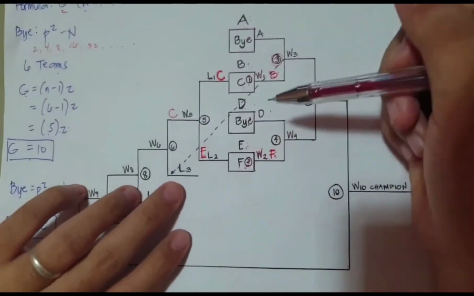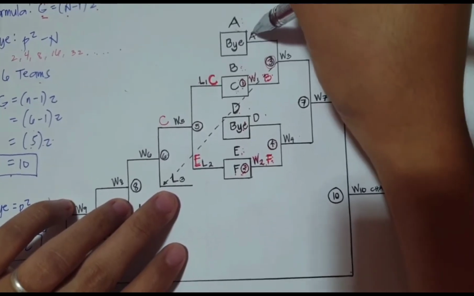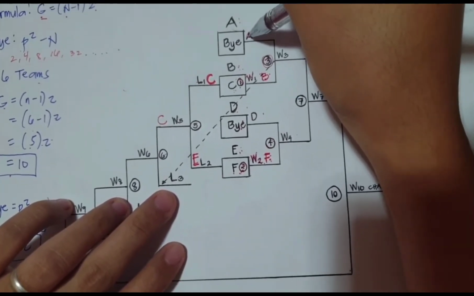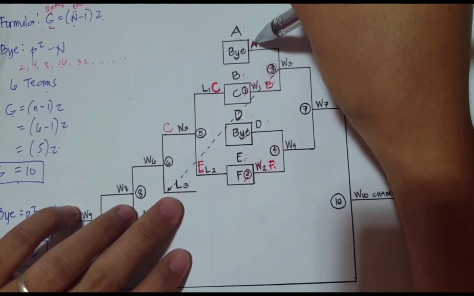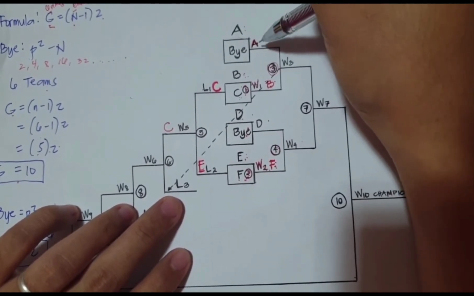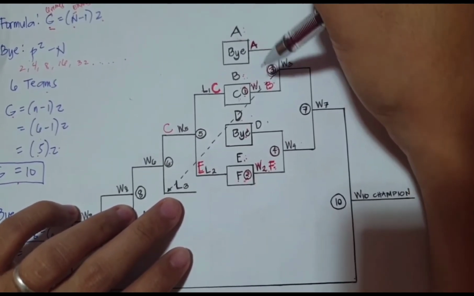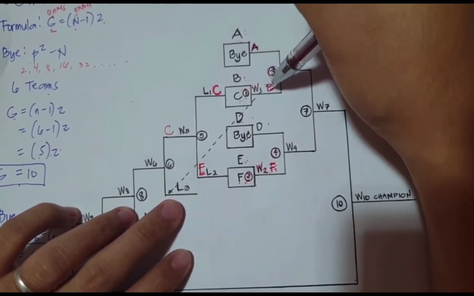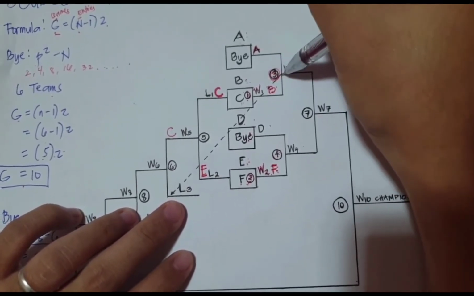Now let's proceed to game number 3, where A, who had a bye in the first round, can now play in the second round. The pair of letter A is B. So, A versus B. This is game number 3.